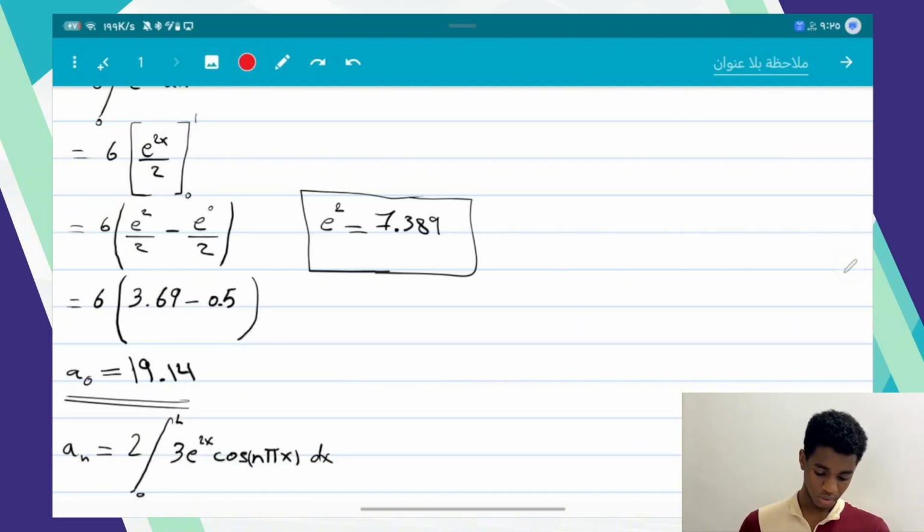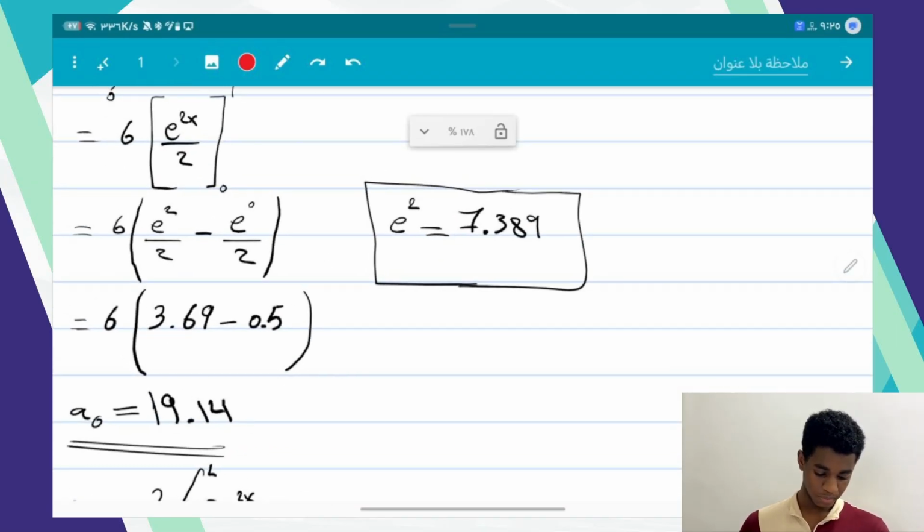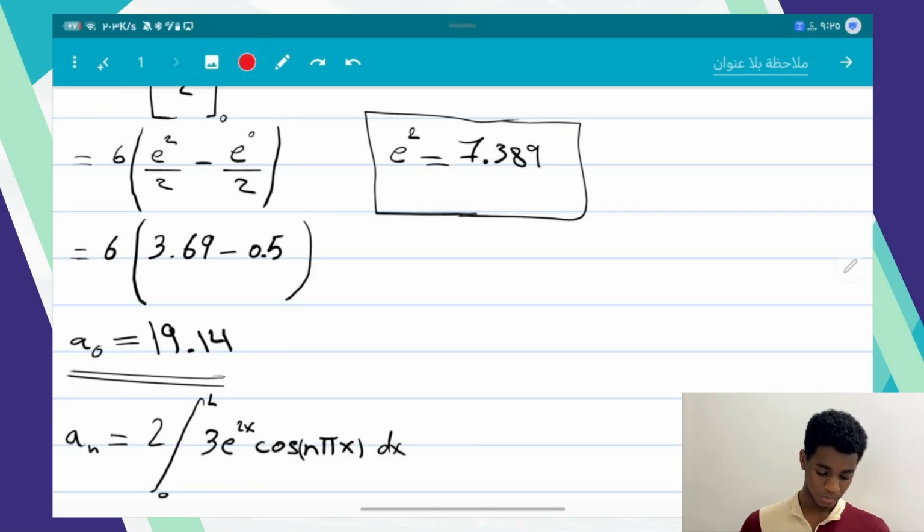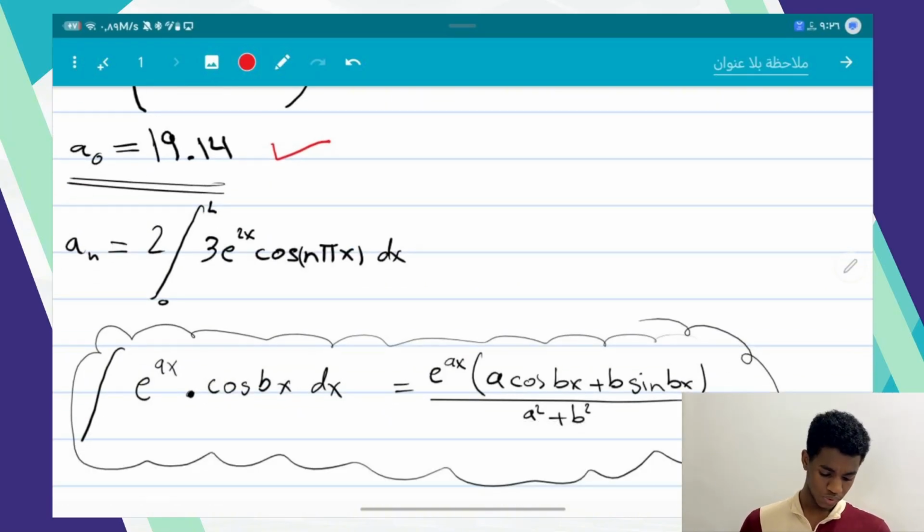We already calculated e^2, which gives us 7.389. So we multiply 6 by e^2 over 2 minus e^0 over 2. We got 6 multiplied by 3.69 minus 0.5. We got 19.14.